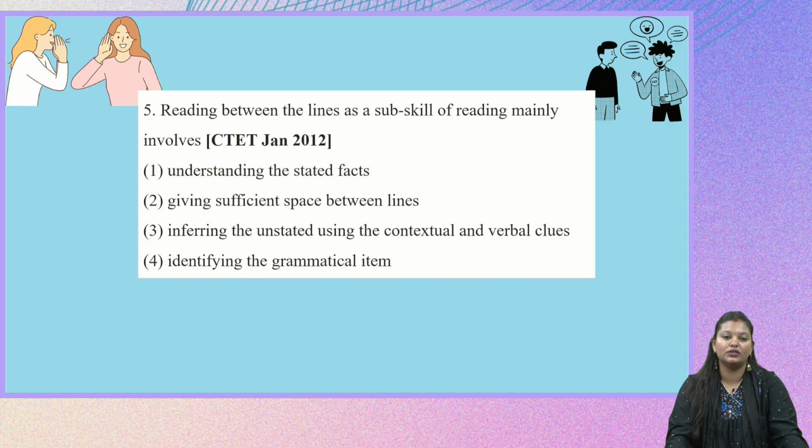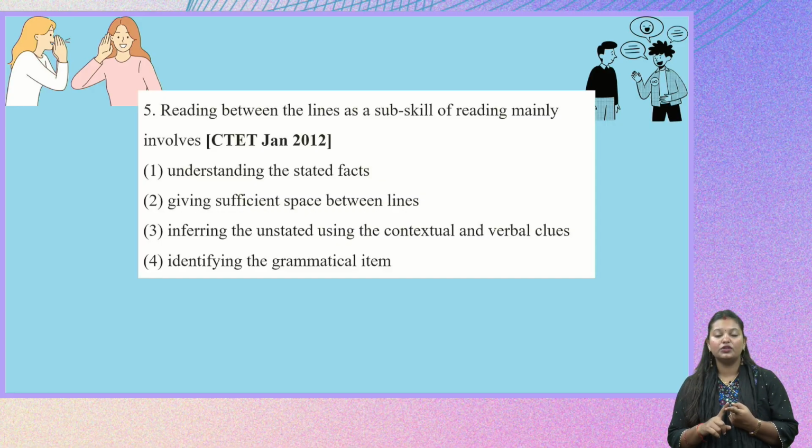So the 4 options are understanding the stated facts, giving sufficient space between lines, inferring the unstated using the contextual and verbal cues, identifying the grammatical item. So here the 4 options that they have given us, we can try to rule out whichever is not applicable to the sub-skill of reading between the lines.